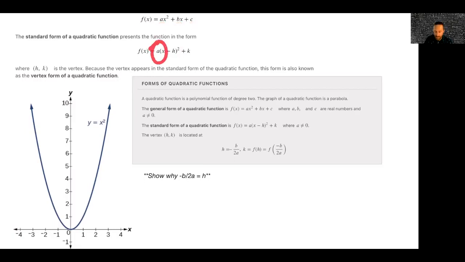The a gives us some information, but the key is that h and that k give us our vertex. To find our vertex, like I mentioned, we take whatever the squared part is and find when it would give us a 0. For what x value? Hopefully you can see pretty easily that x minus h would give us a 0 when x is h.